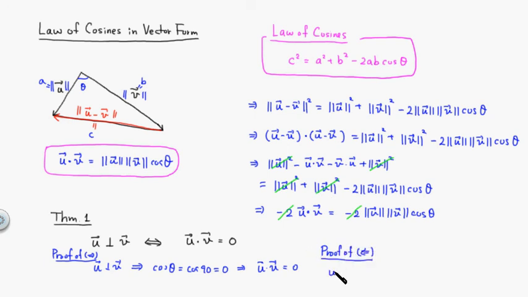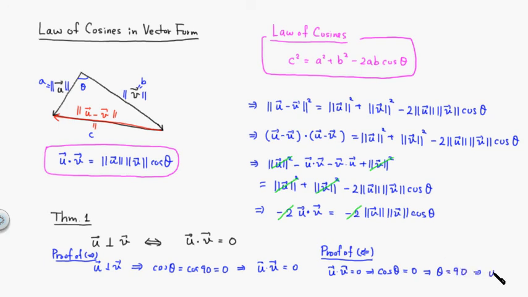Assume that u dot v is equal to 0. By the law of cosines, let's say the norm of u is not equal to 0 and the norm of v is non-zero. Then the only thing that can be 0 is cosine of theta. The only angle between 0 and 180 degrees that makes cosine equal to 0 is theta equal to 90 degrees.